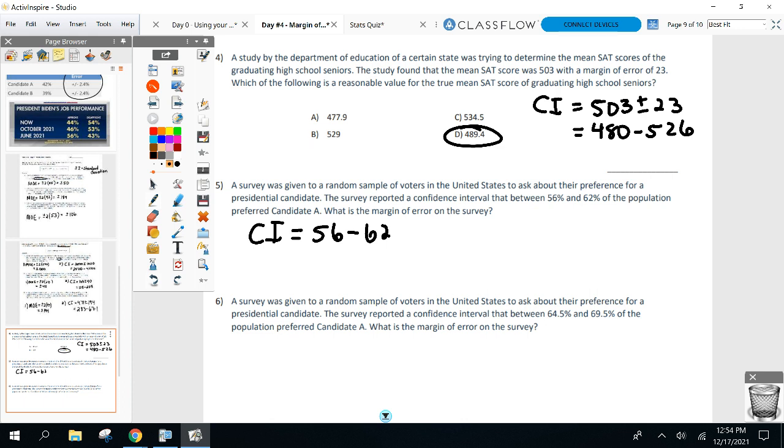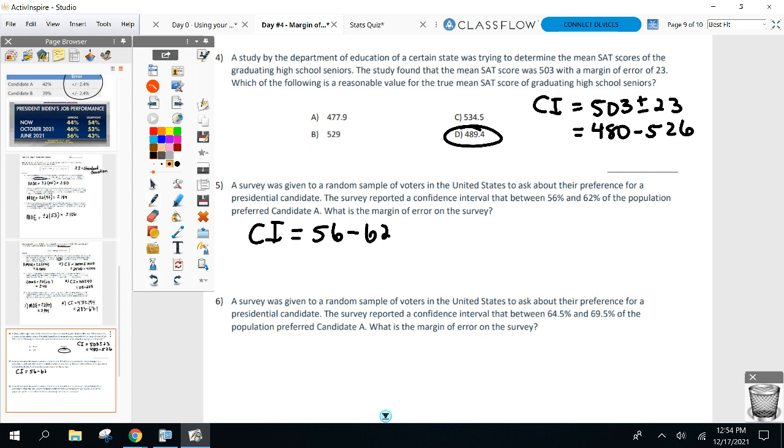Where's that going to get me? How far apart are these? There's 6% in between them, right? Everyone agrees? Is that the standard deviation? No. If there's 6% in between them, I need to figure out what I need to add to the left and to the right.